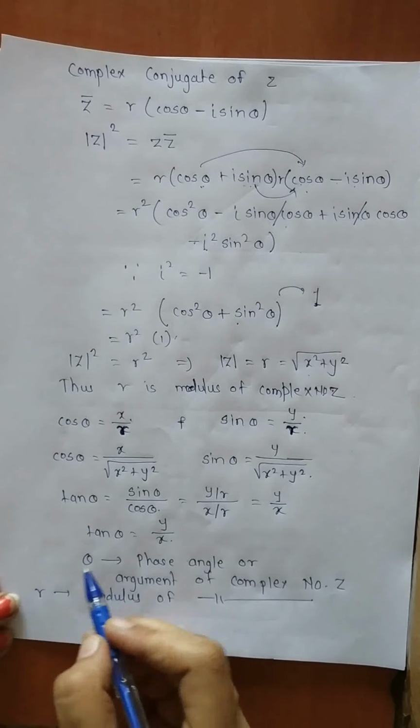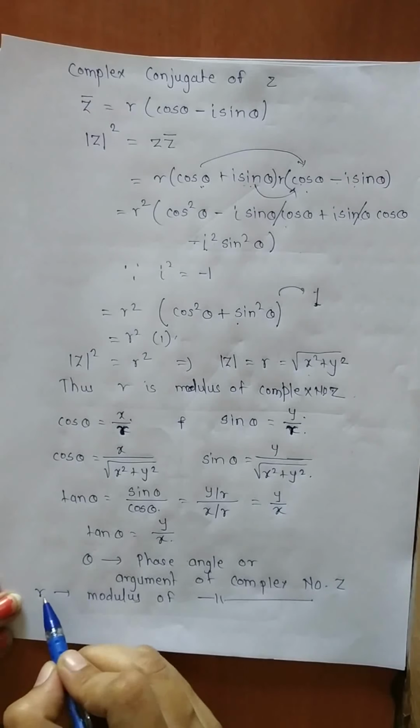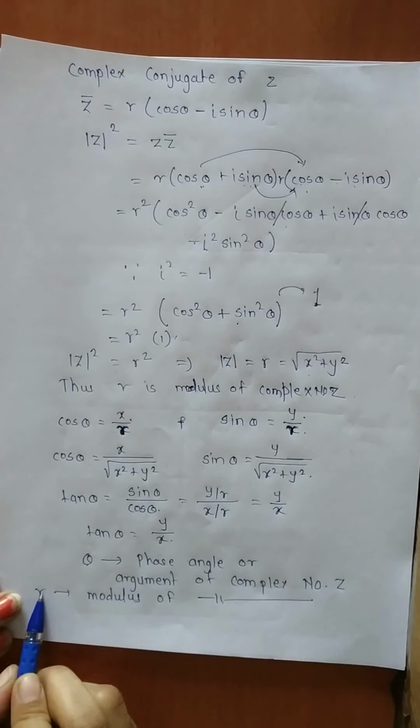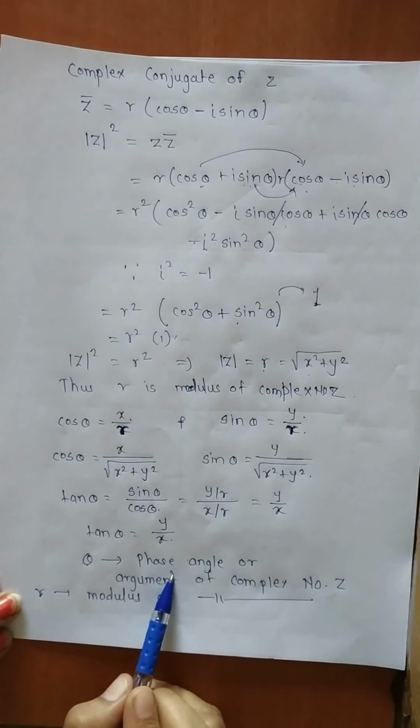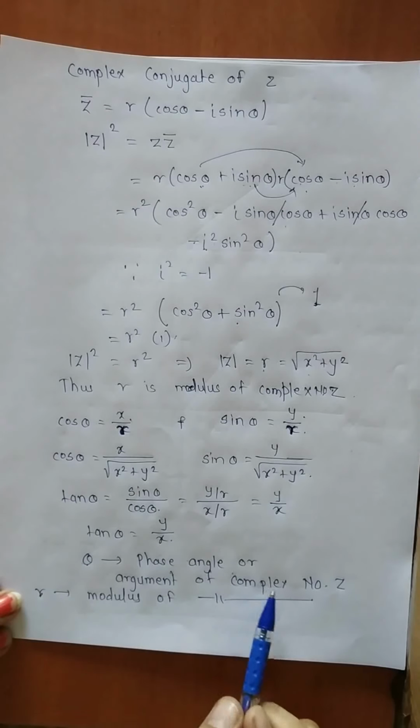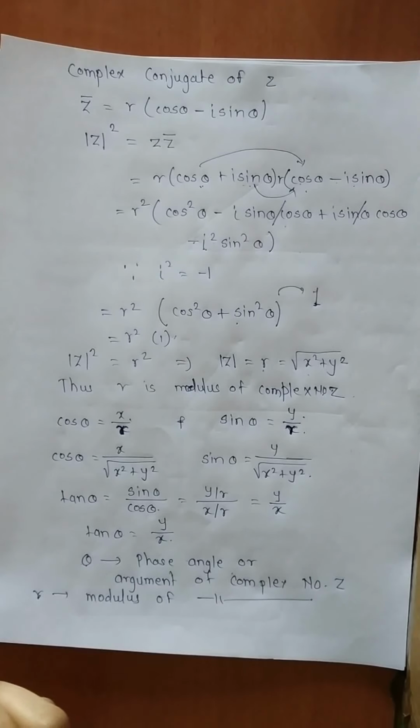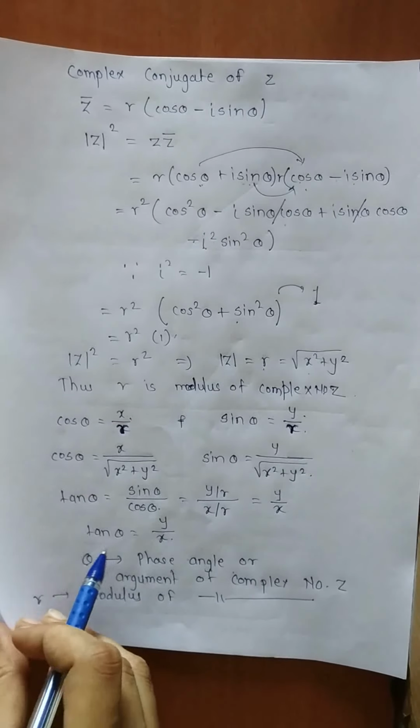So we derived the polar coordinates r and theta: r is named the modulus of the complex number and theta is the phase angle or argument of the complex number. So this was the polar form of the complex number.